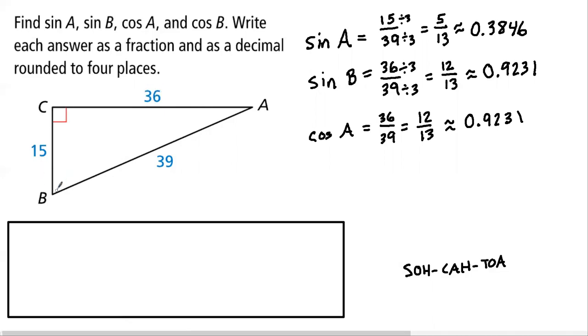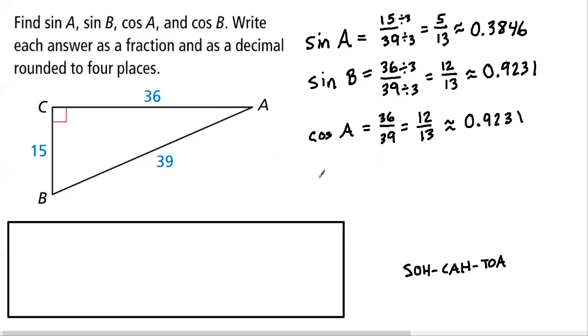So whether I'm looking at the side that is opposite this angle or the side that is adjacent to this angle, in both cases I'm dealing with 36, and of course my denominator is always my hypotenuse, always 39. So you should notice a little pattern here, and that is that anytime you take the sine of angle B, that's going to match up with the cosine of angle A.